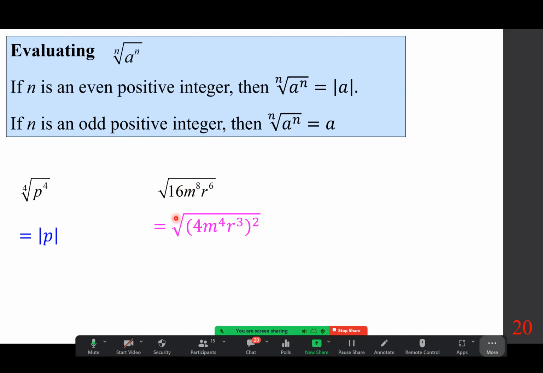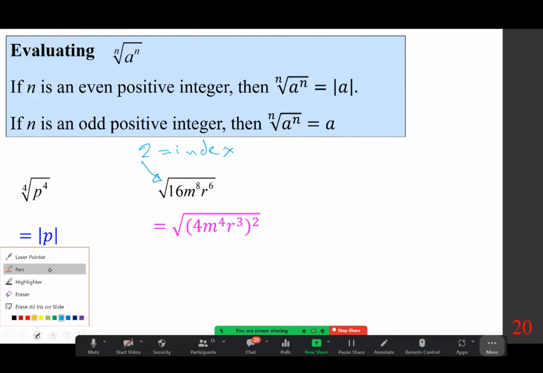And remember, whenever we don't write the index, the index is 2. This is called the index. And so 4m to the power of 4 r cubed. But because we don't know, this is fine.